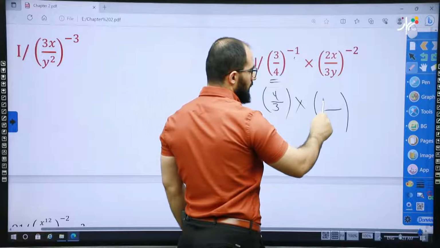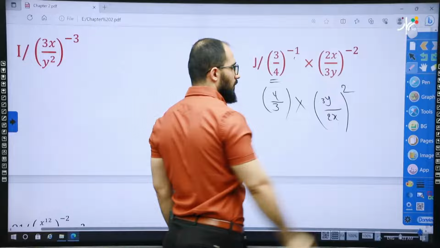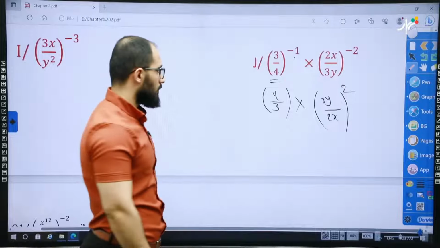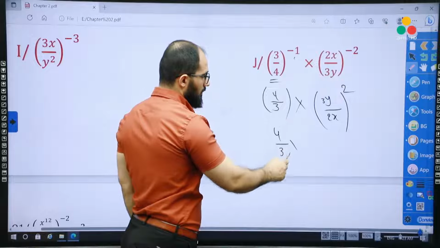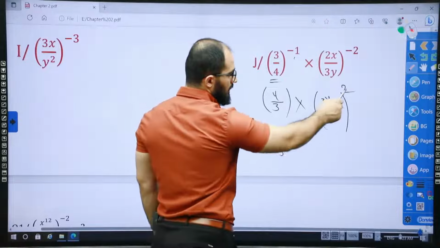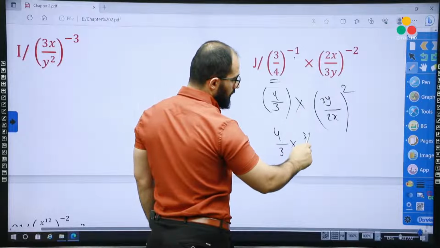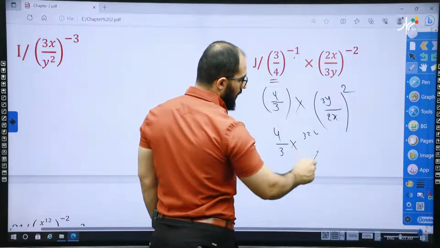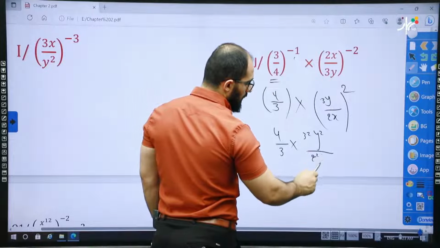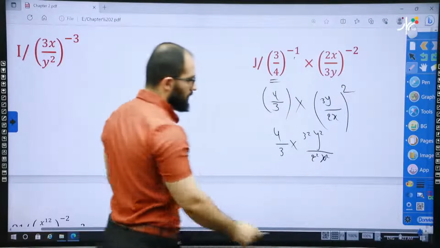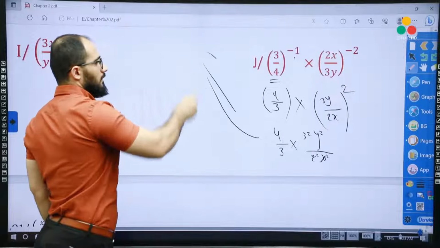Upside down is going to be 3y over 2x and positive 2. Write down this part as it is, times, give the power to all the contents here, to a 3 power 2, okay, y power 2 over 2 power 2, x power 2. So I'm going to solve it on the other side.